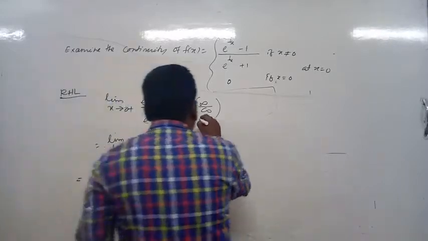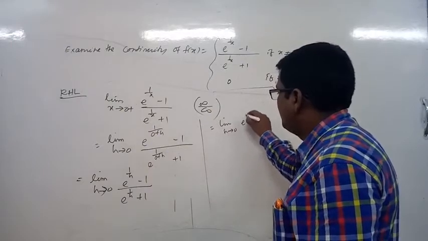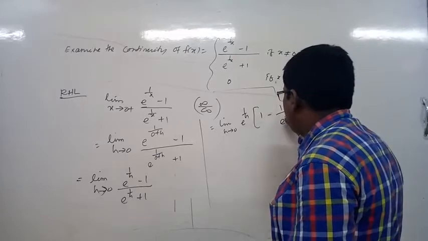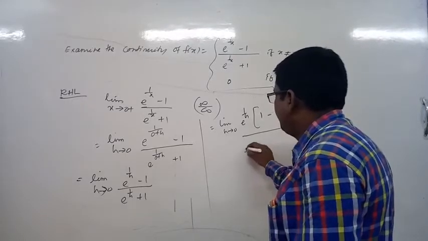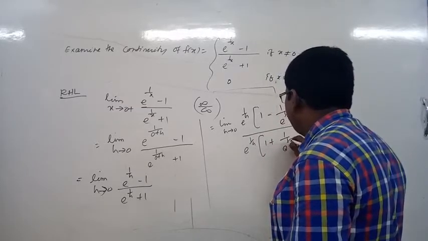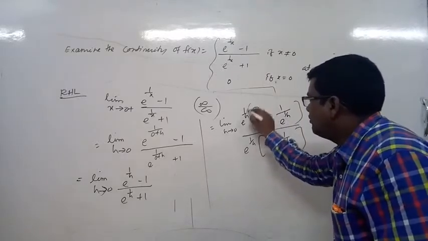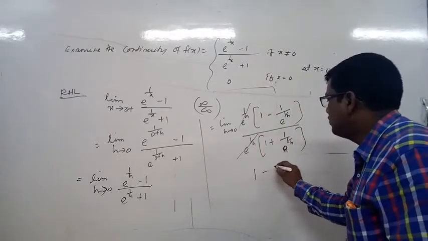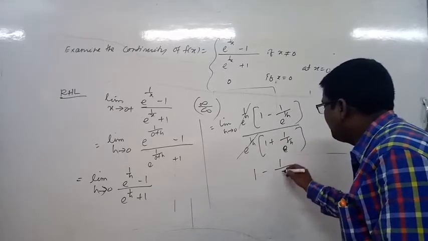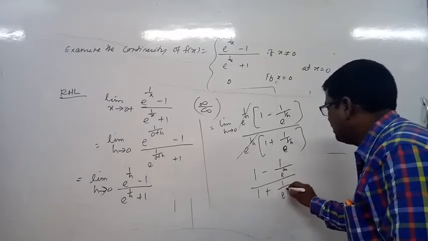So take common e to the 1 by x, limit h tends to 0, e to the 1 by x common, this is equal to (1 minus e to the 1 by h) whole divided by e to the 1 by h (1 plus 1 by e to the 1 by h). The e to the 1 by h cancels, so this is equal to (1 by e to the infinity) divided by (1 plus 1 by e to the infinity).